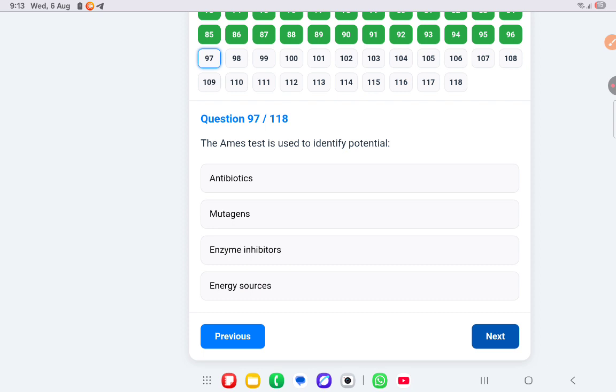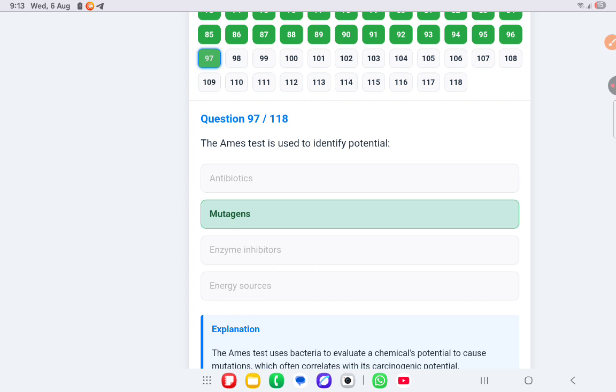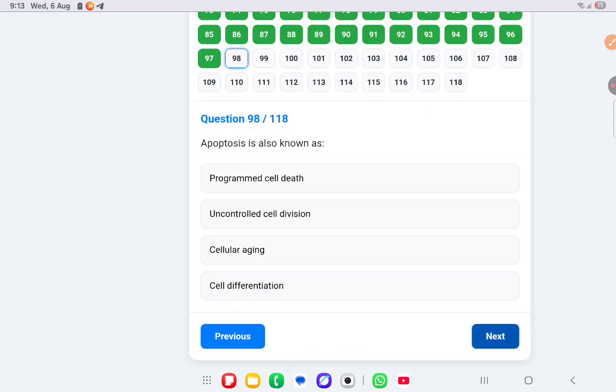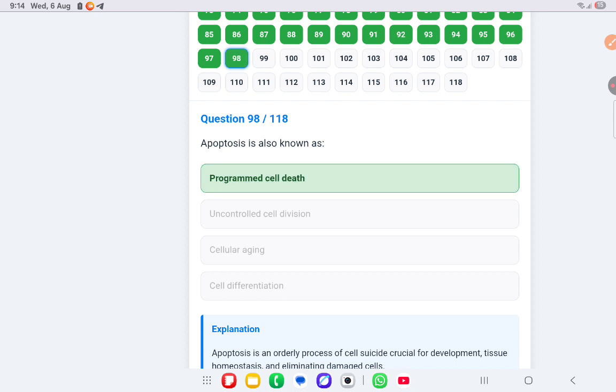Next, the Ames test is used to identify potential mutagens. Next, apoptosis is also called programmed cell death.